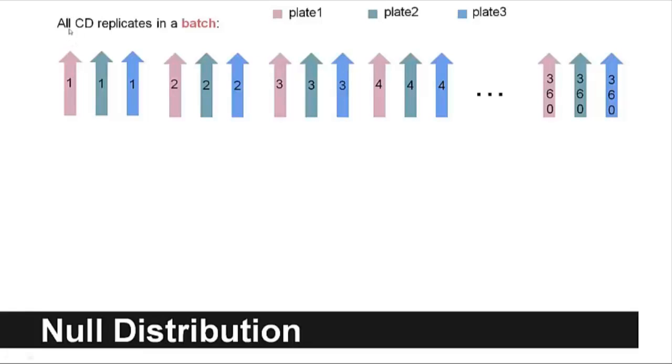First I compute all the replicates of all the experiments in the batch. These will be the replicates of experiment 1, and this batch has 3 plates, where the color suggests the plate. These are the replicates of experiment 1, replicates of experiment 2, up to replicates of experiment 360.